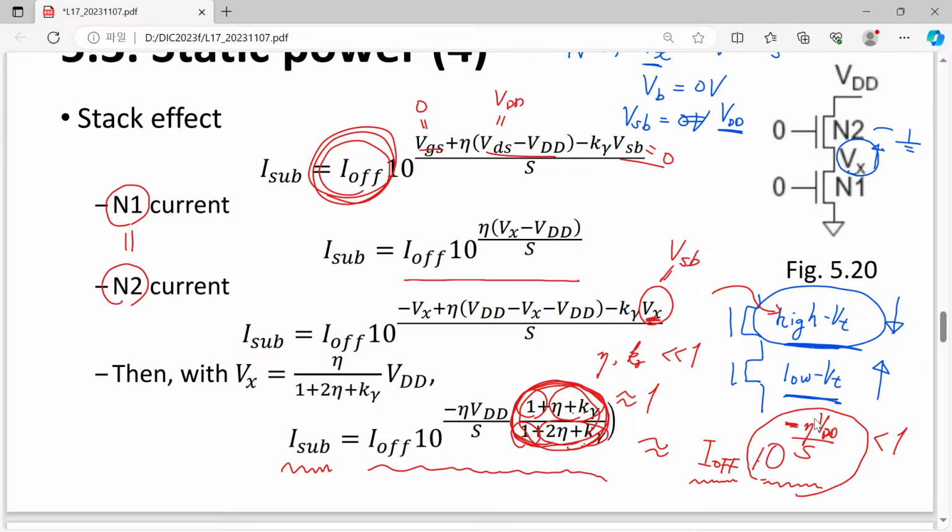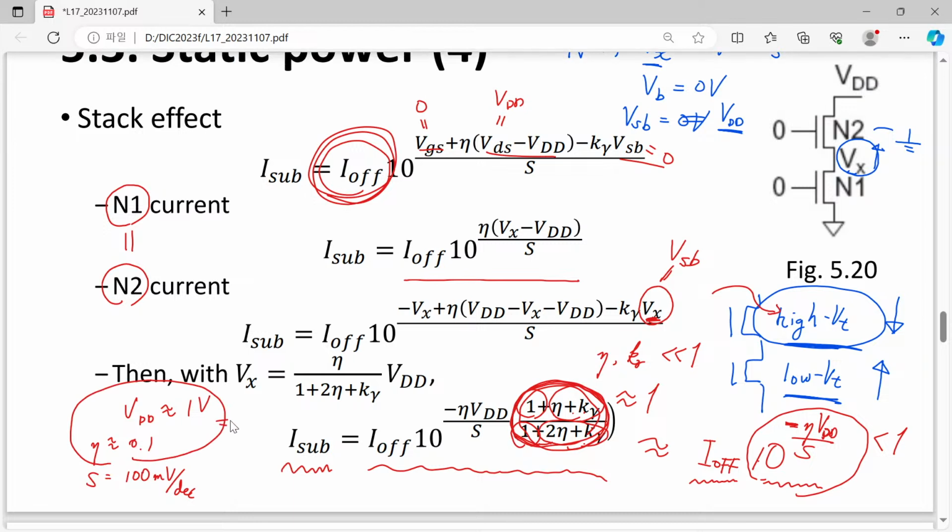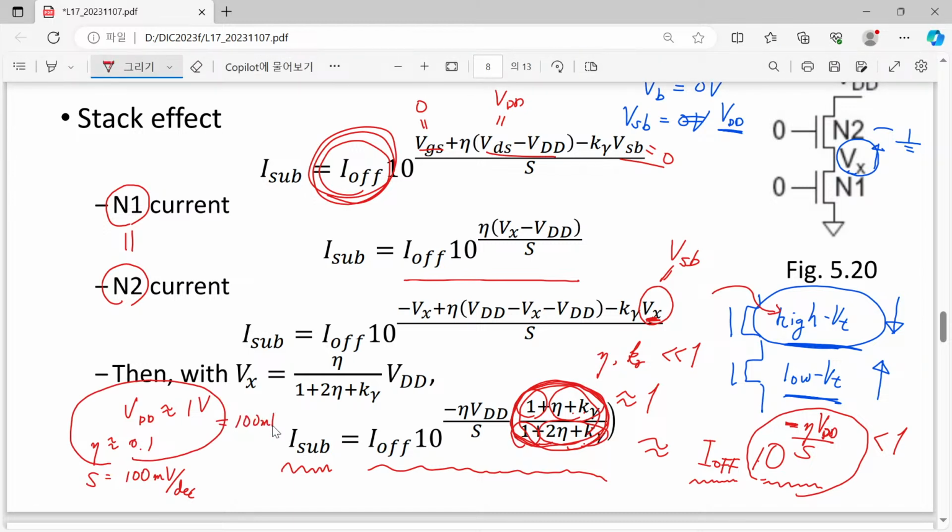So typically, for a certain case, let's say that VDD is roughly 1 volt, and eta is roughly, for example, 0.1, and S is also roughly 100 millivolt per decade. Then what will happen? This product will be just 100 millivolt.